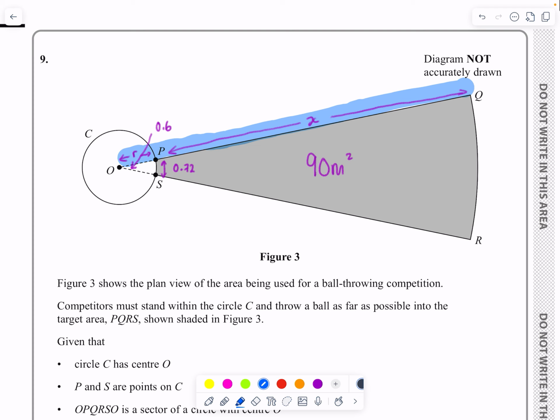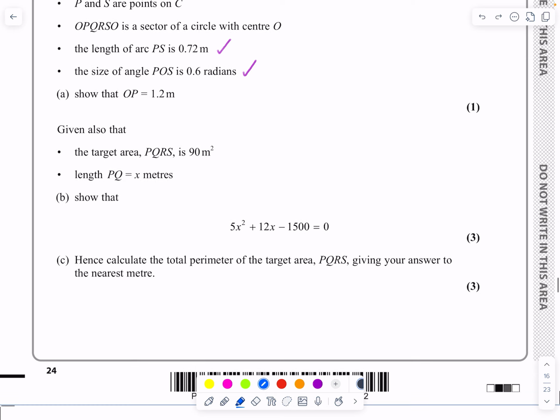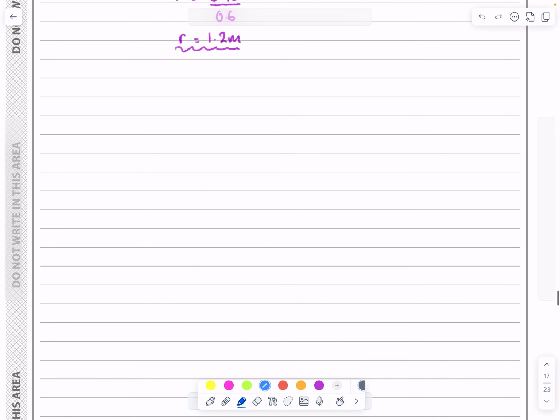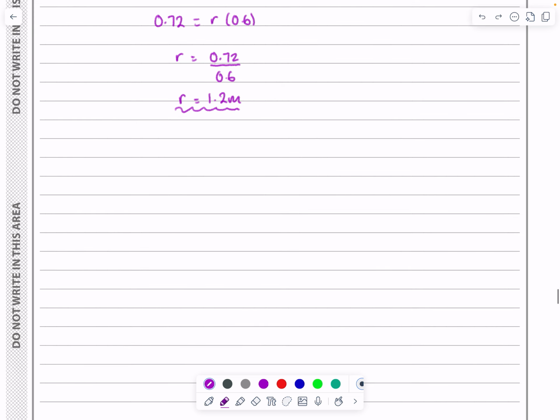So half r squared theta will give me the sector, and then if I take away this tiny little sector in here, which is half r squared theta again with the smaller r, that will give me the area 90 square meters. So by doing that, I'm pretty sure that the quadratic they're asking for will come out.